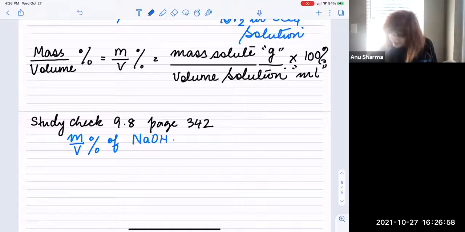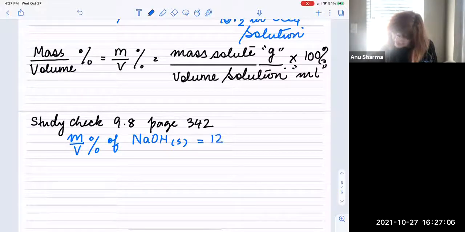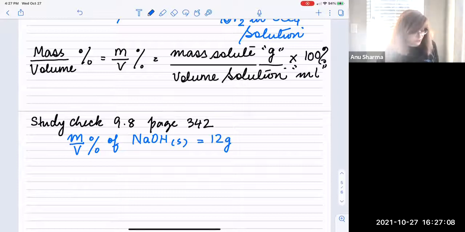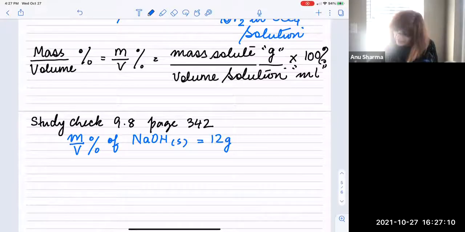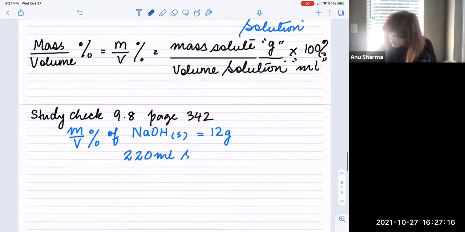Now, sodium hydroxide is a solid, prepared by dissolving 12 grams of NaOH in water to make 220 milliliters of solution.